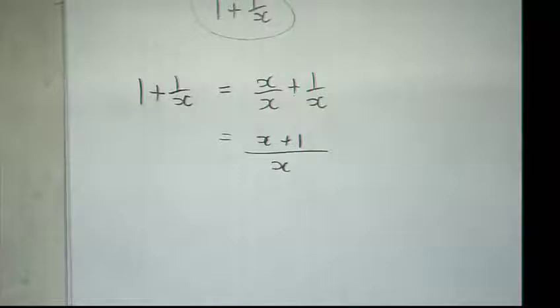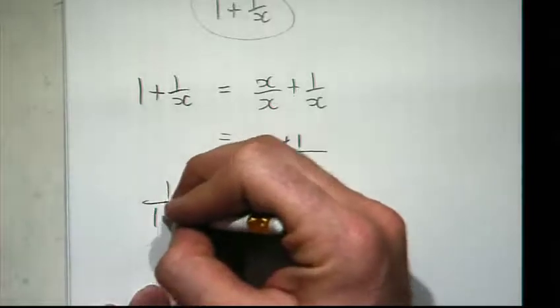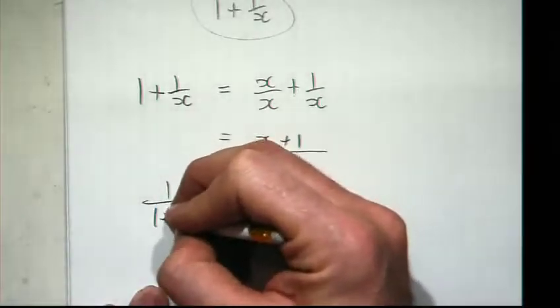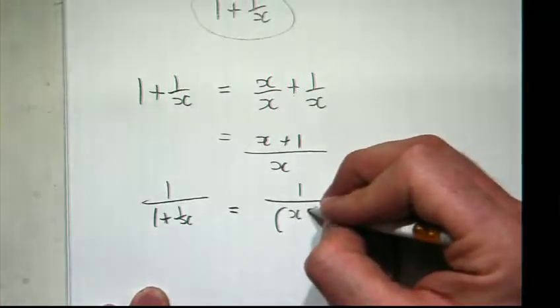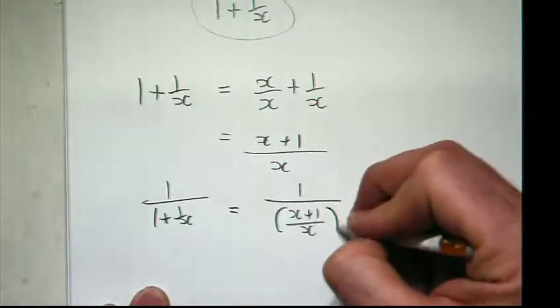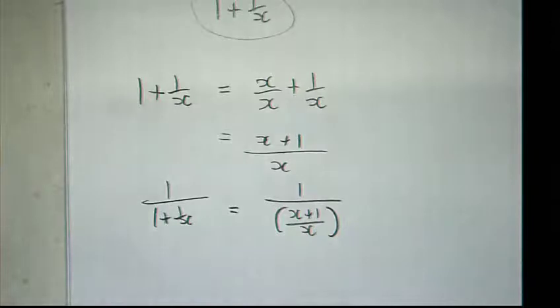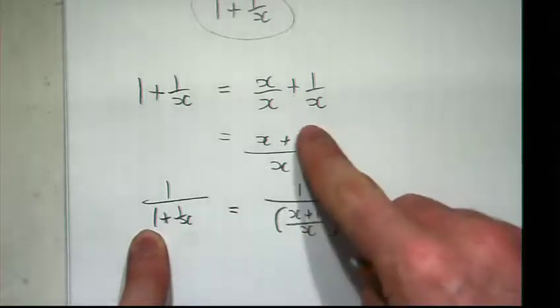And that's great, except that's not what I was actually looking for. I was looking for 1 over 1 plus 1 over x. But just a second, isn't that the same? So this 1 plus 1 over x, I can replace by all of that.